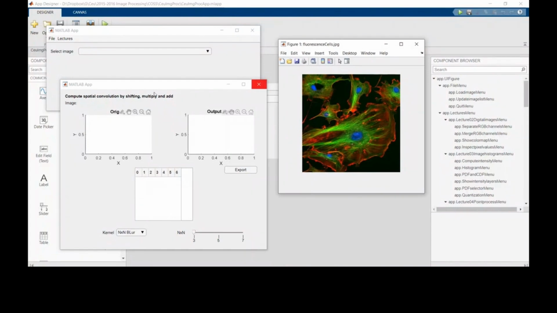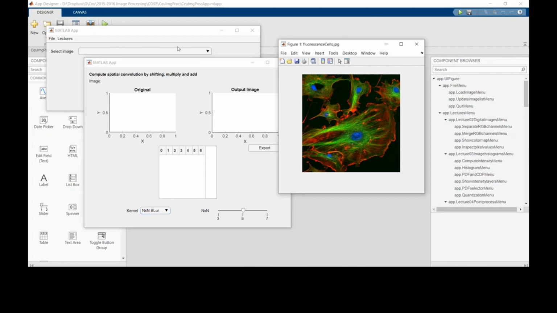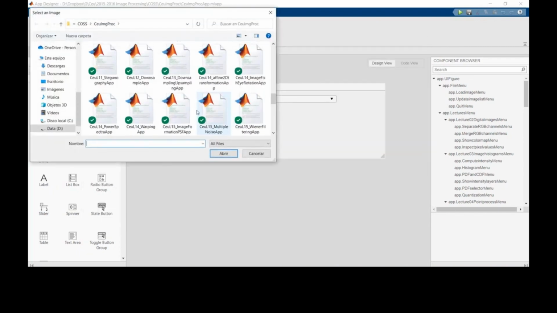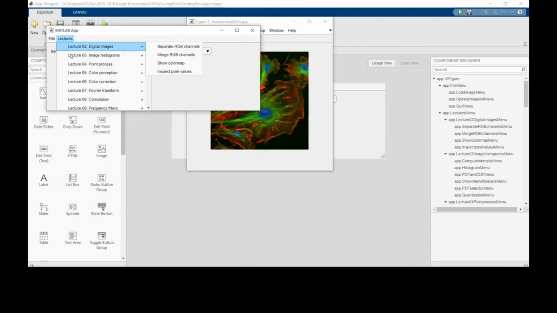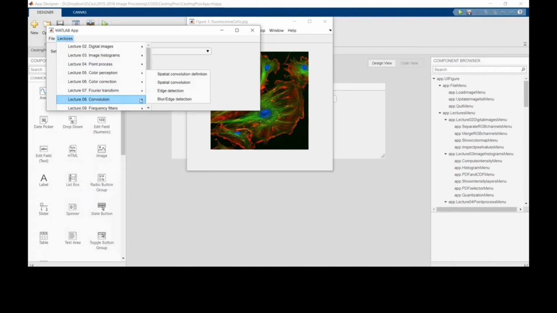And let's say I have this image. I construct many possible kernels. So let's say I make this one. Here, convolution. I think it's better this one.